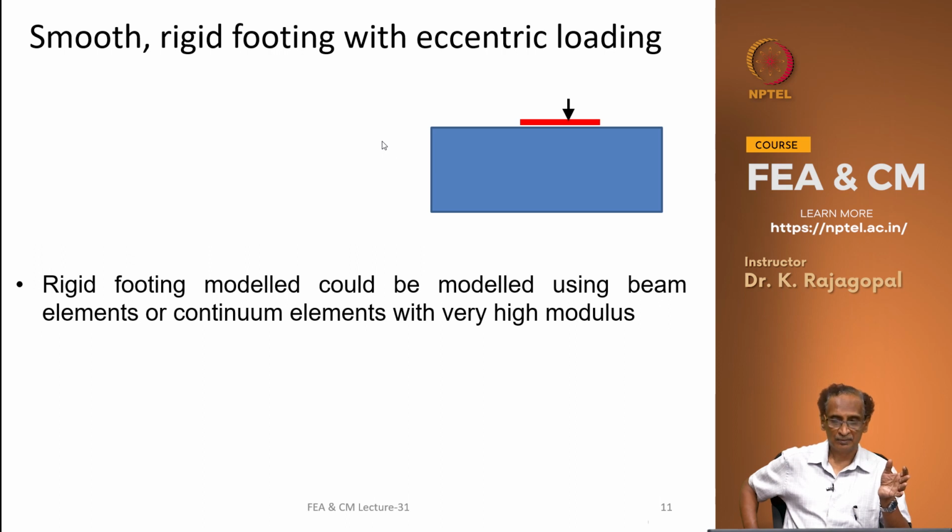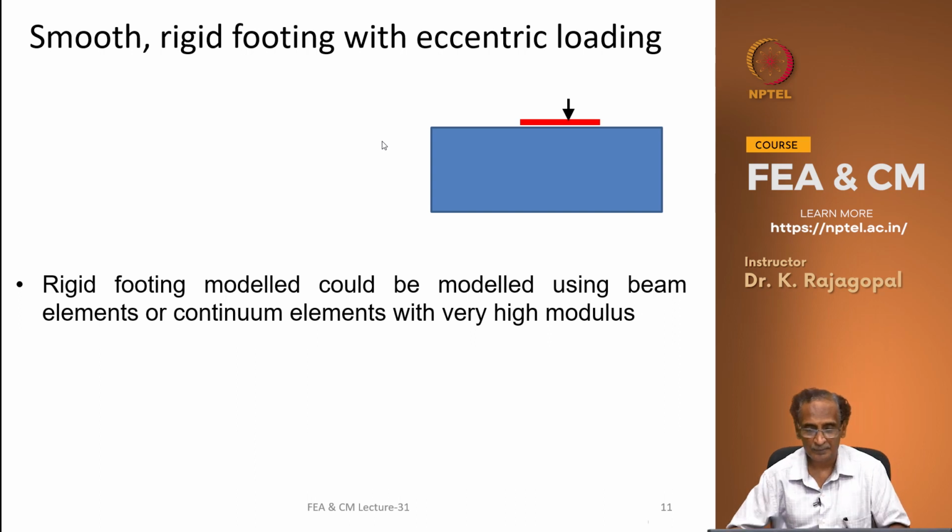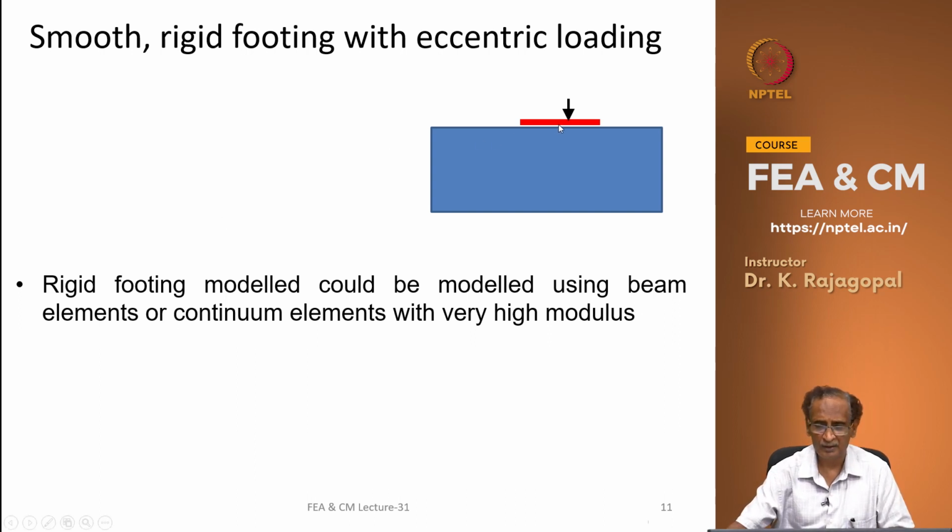So, we cannot really apply any displacements because we do not know how much displacement we need to apply and in what proportion. So, we can simulate this in an indirect manner. We can simulate the footing through either a continuum element or a beam element.